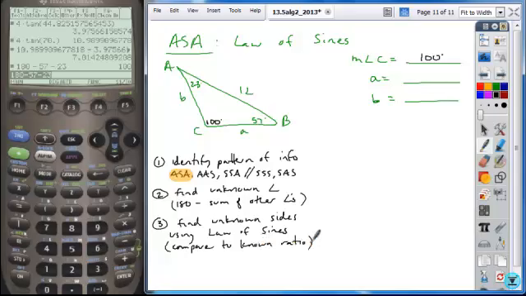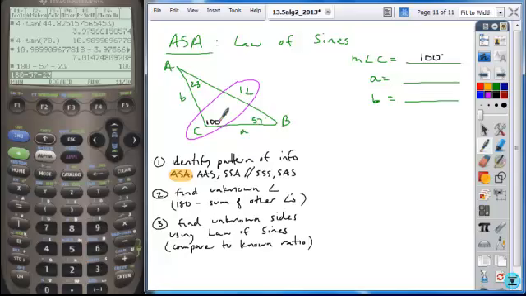The known ratio is the ratio that gives you both an opposite side and the opposite angle. In this triangle, there's only one pair of known information now. After we found all the angles, the only pair where you have the side and the opposite angle is C. We have side of 12 and the opposite angle of 100.